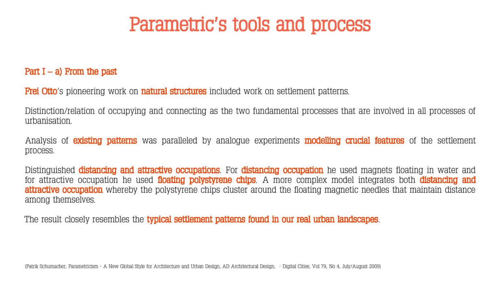To start our discussion today, we take as inspiration the very famous paper by Patrik Schumacher, partner in business of Zaha Hadid and now the head of the Zaha Hadid office, called Parametricism, a new global style for architecture and urban design. This paper is very famous.